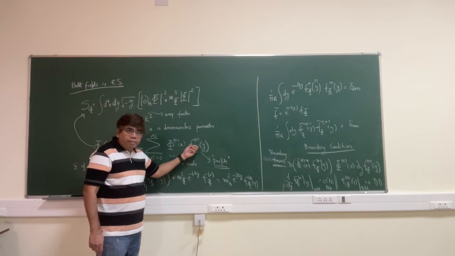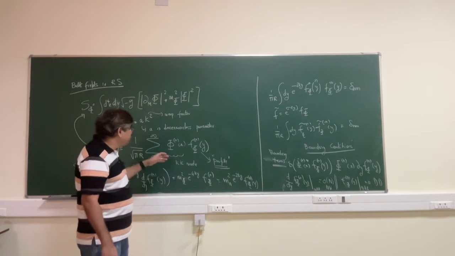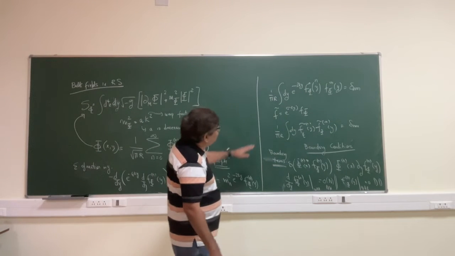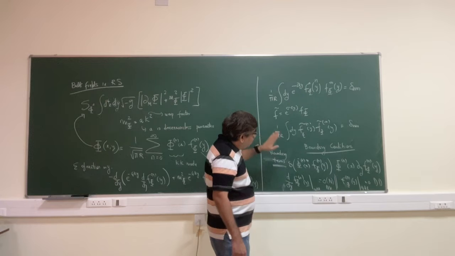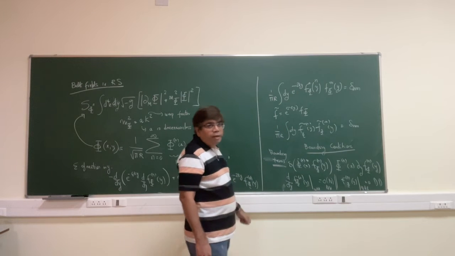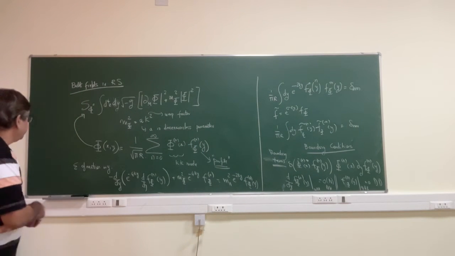I say that these are orthonormal because they should be quantum mechanical, so Hermitian, orthonormal, all these kinds of conditions I impose. Then I write down the equation of motion, impose the orthonormality conditions, and then choose my boundary conditions so that I get my modes.